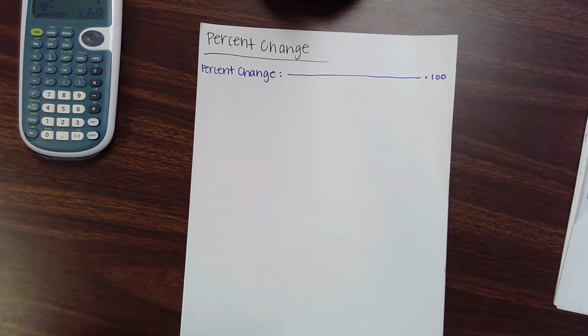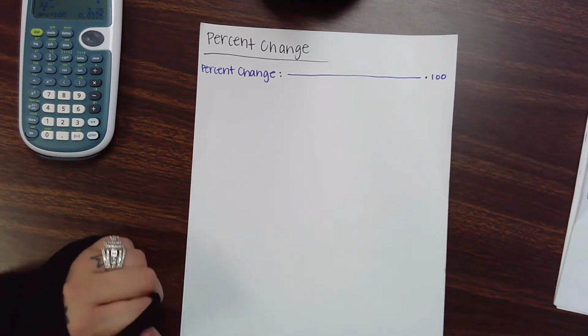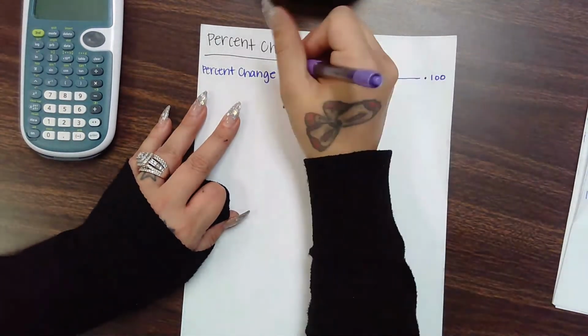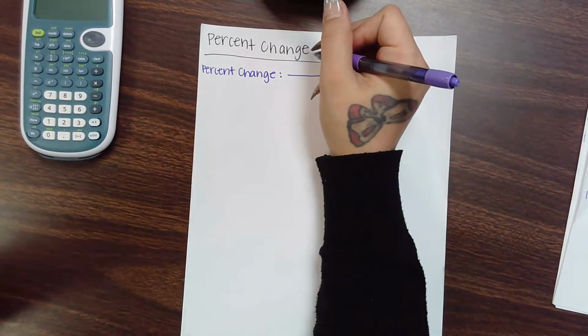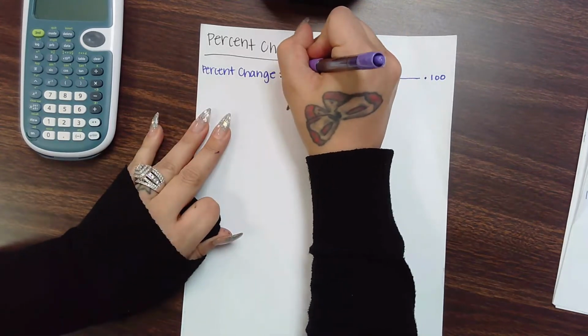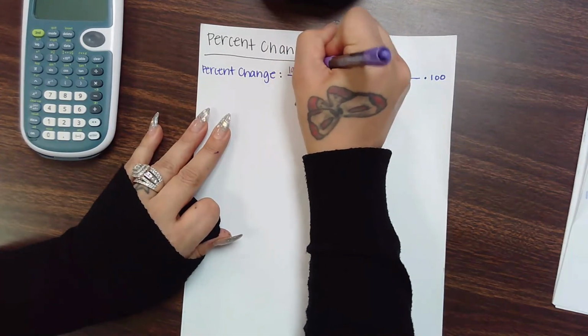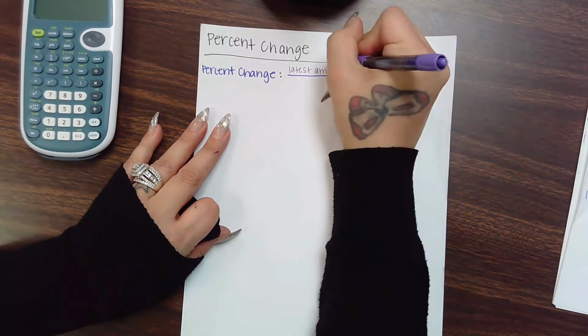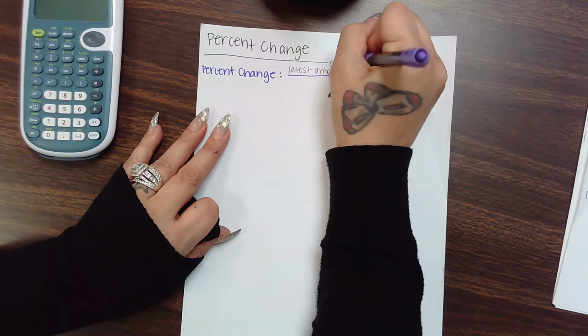So what they use is we take the latest amount, or the new amount, because it's the one that happened the latest. So the latest amount, and in parentheses above that I'm going to write new.